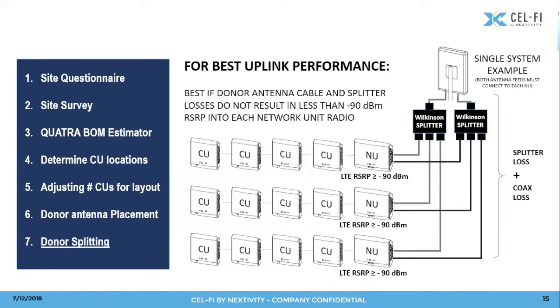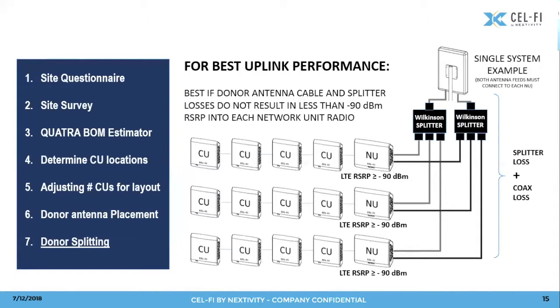Splitting antenna feeds to feed multiple network units. You can split it as many times as you want, but the metric here is to try to hit your network unit at minus 90 dBm RSRP for LTE. We will operate far below that. But what you don't want to do is have so much loss in your donor antenna feed and its splitters that you're robbing yourself of uplink power.